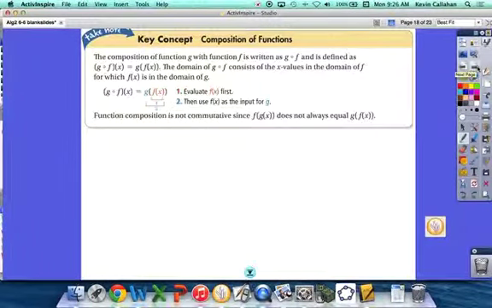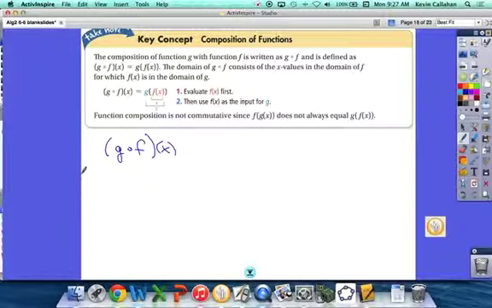Okay, now this is the graphic from the book. Just like we had a different notation for add, subtract, multiply, and divide, there's actually another one for the composition too. G of f of x is usually written like g and a little open circle and then f parentheses of x, like that.